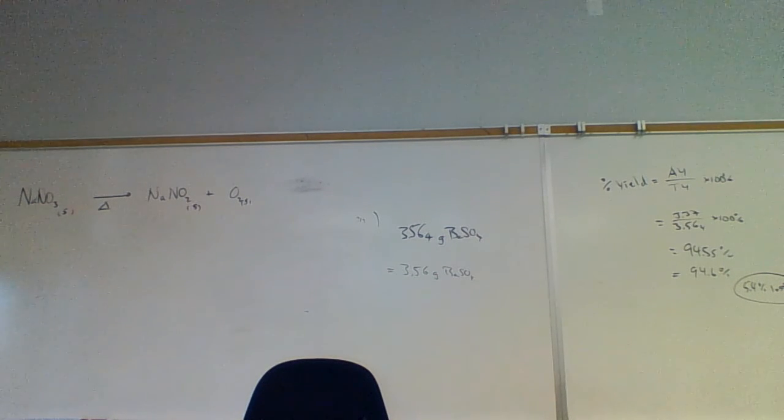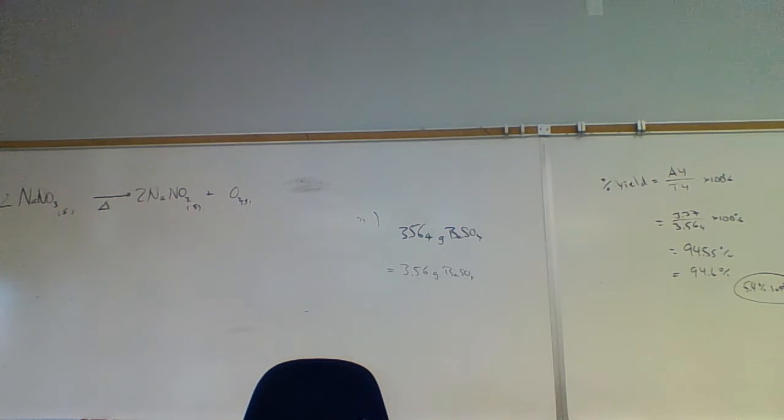And so in this case, we're just going to balance it as is. So I have one sodium, one nitrogen, 3 oxygens, 4 oxygens. So how can I balance it? Okay, now it's balanced.